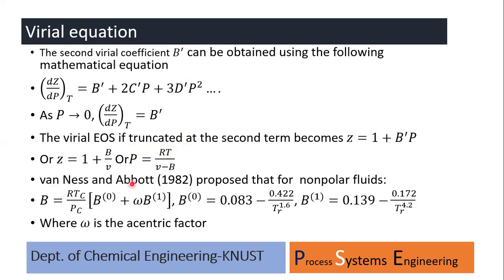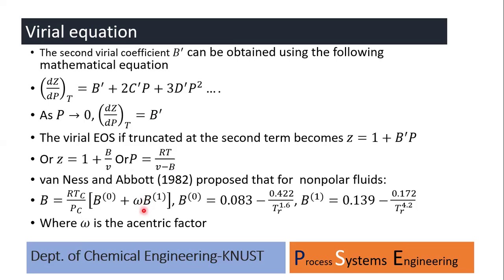So one of the references that we sent you proposes that for non-polar fluids, the expression for B can be written as this. So we have our gas constant, we have our critical temperature and pressure. Then we have this B naught term, which is also expressed here. Then we have the B1 term also expressed here. And then we have this omega symbol.